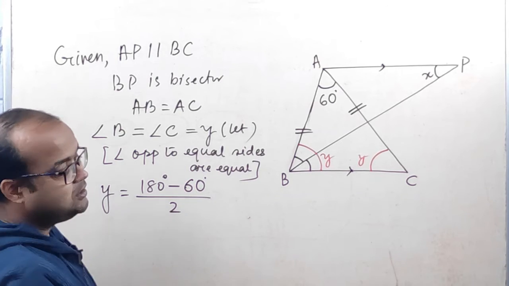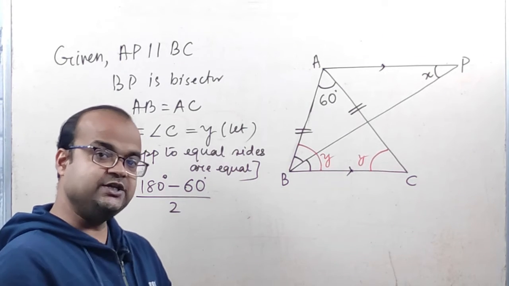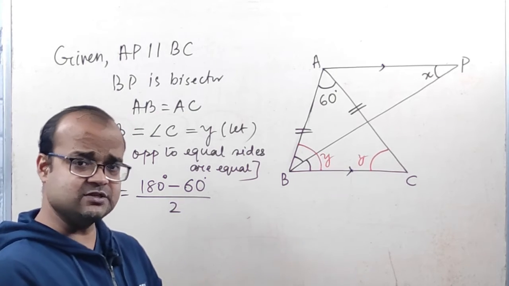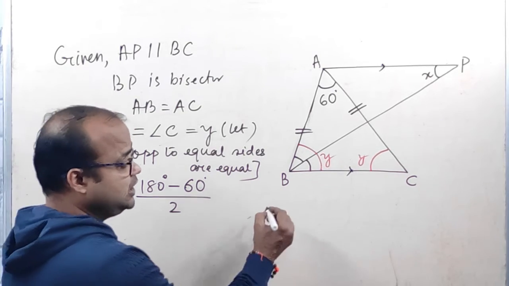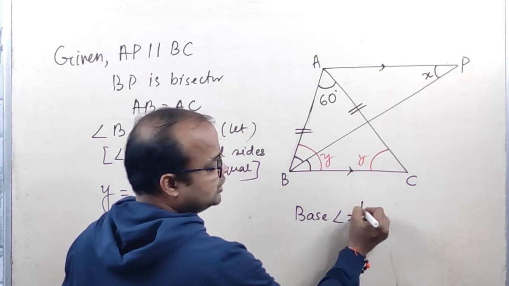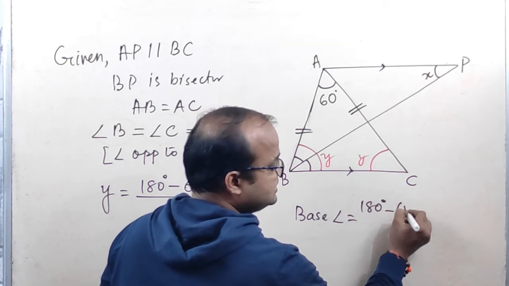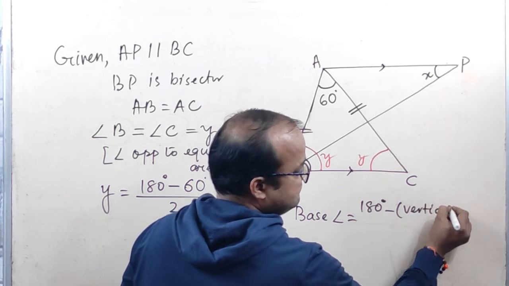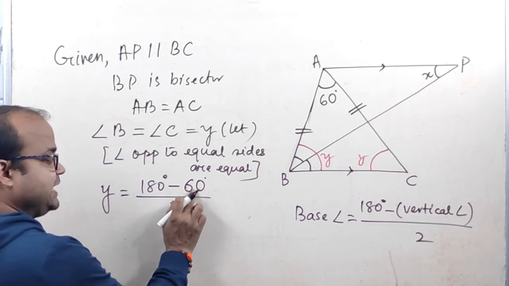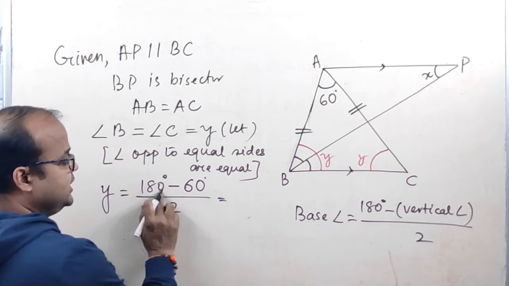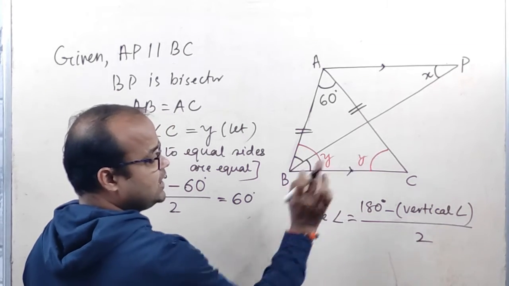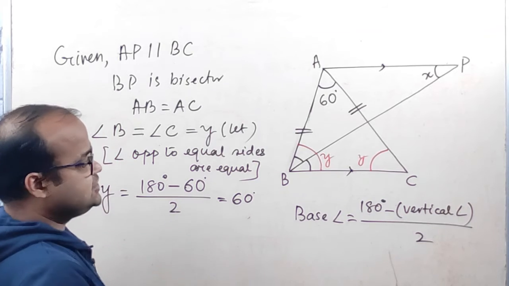Whenever we need to find out the base angle of an isosceles triangle, use the formula: base angle is equal to 180 degree minus vertical angle, by 2. So 180 minus 60 means 120, by 2, 60 degree. So entire Y is equal to 60 degree.